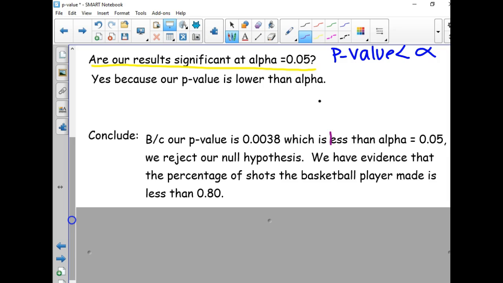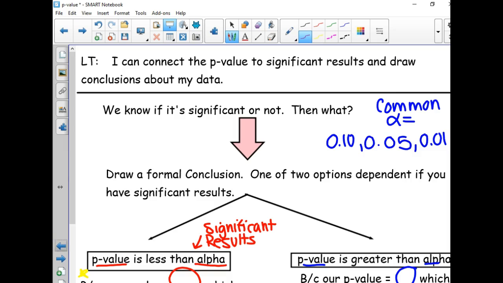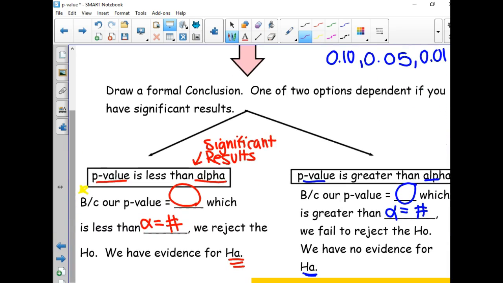So all I did right here is I took this sentence and I filled things in. Because our p-value was equal to 0.0038, which is less than alpha equal to 0.05, we reject the null hypothesis. We have evidence for, and I put HA in context.